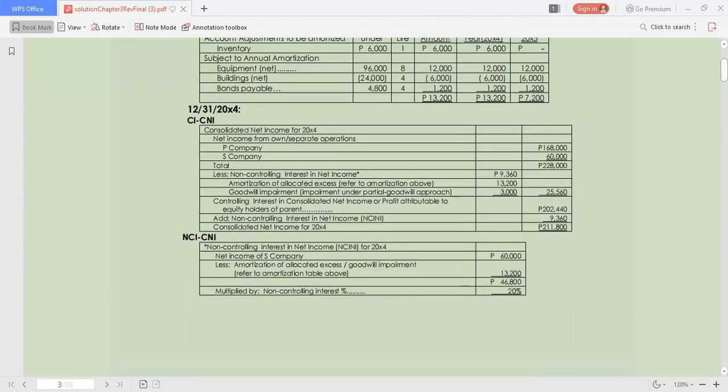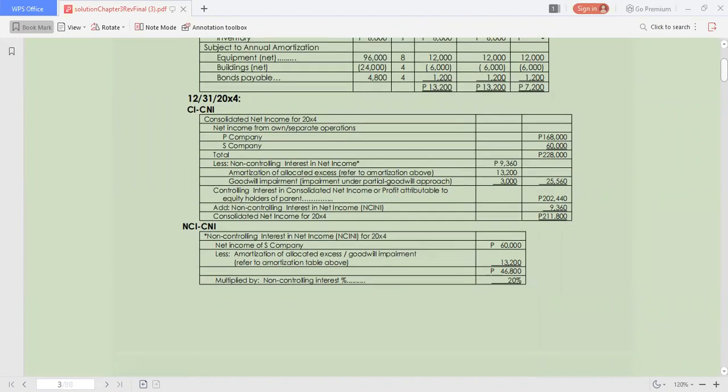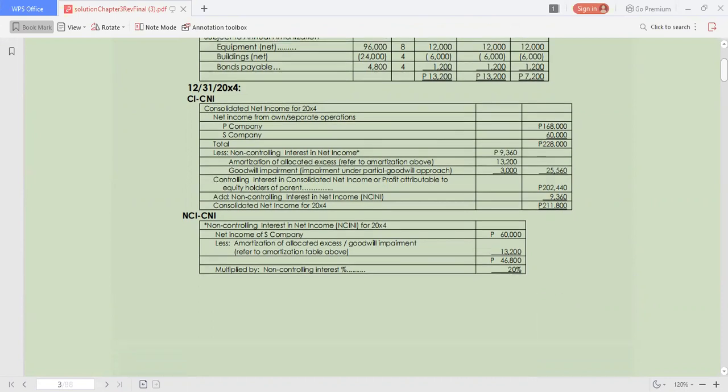Then we have the non-controlling interest in net income, and we have the amortization of allocated excess, and we have the goodwill impairment for 3,000. Then the controlling interest in consolidated net income or profit attributable to equity holders of parent.